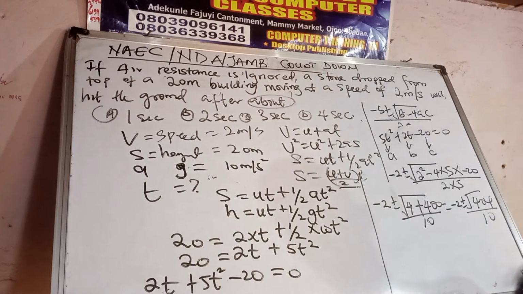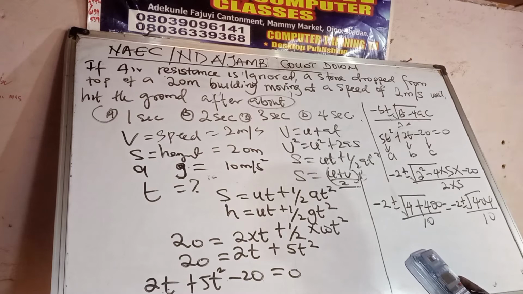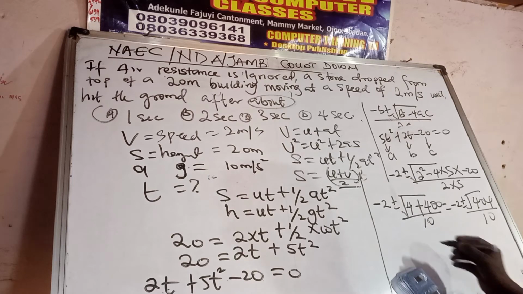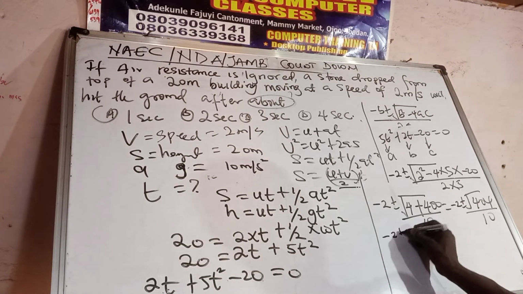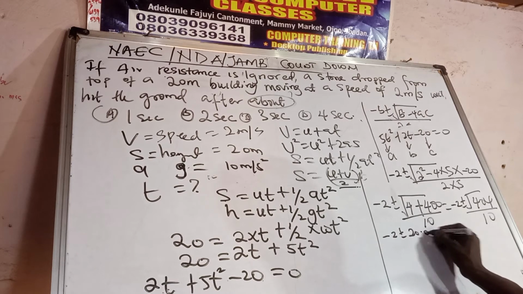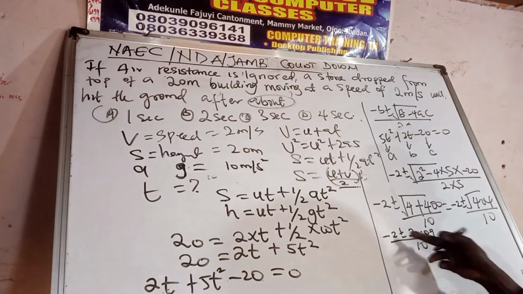Using my calculator, you viewers at home can check what you have here. The square root of 404 gives me 20.09. So this becomes minus 2 plus or minus 20.09 over 10. We have two cases, plus or minus.